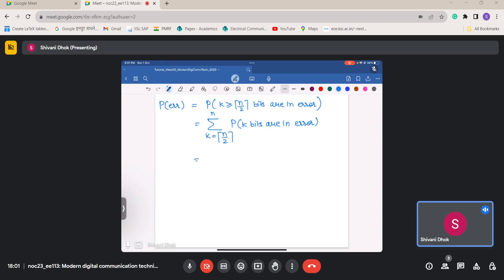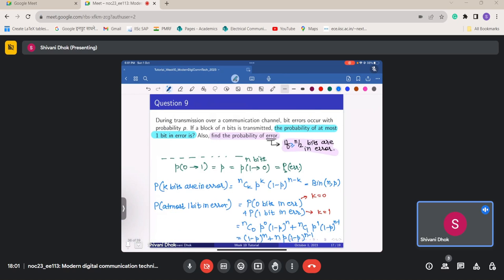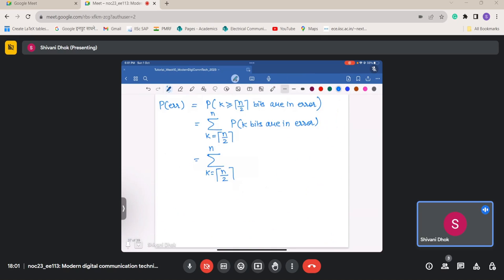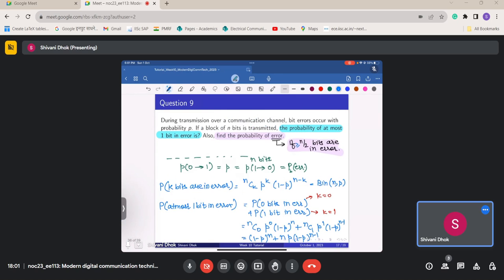This probability is n choose k, p to the power k, into (1 minus p) to the power n minus k. So this is what we are having.